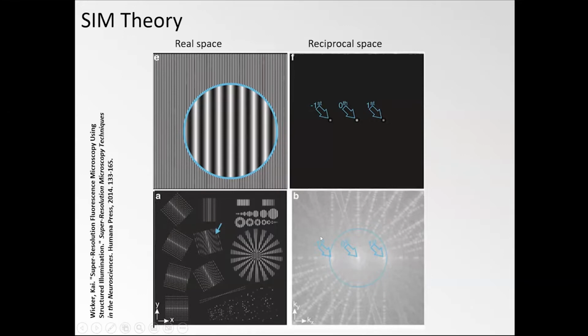All right. But nevertheless, this is essentially the manifestation in frequency space of this mixing, of this down-conversion of frequencies. However, when we observe them with a microscope, they still have to pass through what we call the optical transfer function, this circle here. We won't see the stuff out there. We essentially just see what's within that circle.